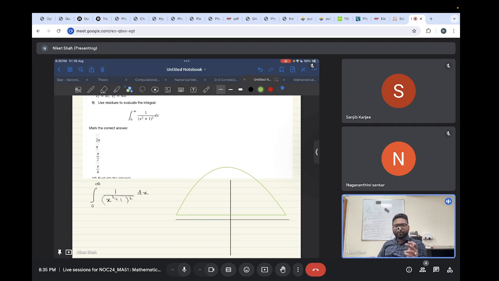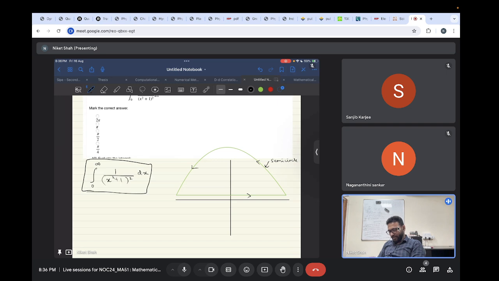Basically, I'm trying to draw a semicircle. So assume that this is a semicircle. So basically, we have taken a loop going in this direction. So this is one loop, and we'll evaluate the integral in this entire loop in the complex plane, and then we'll try to see if we can get the value of exactly this integral from this entire loop integral. So that's the idea.